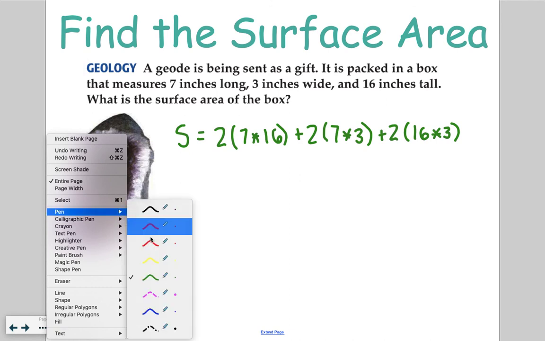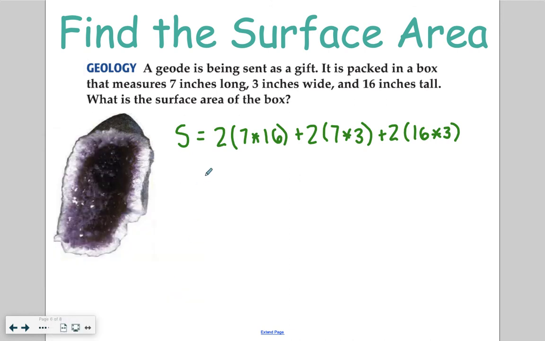So for the first part, we've got 2 times 7 times 16, which is going to give us an answer of 224. And then we've got plus 2 times 7 times 3, which is going to be 42.